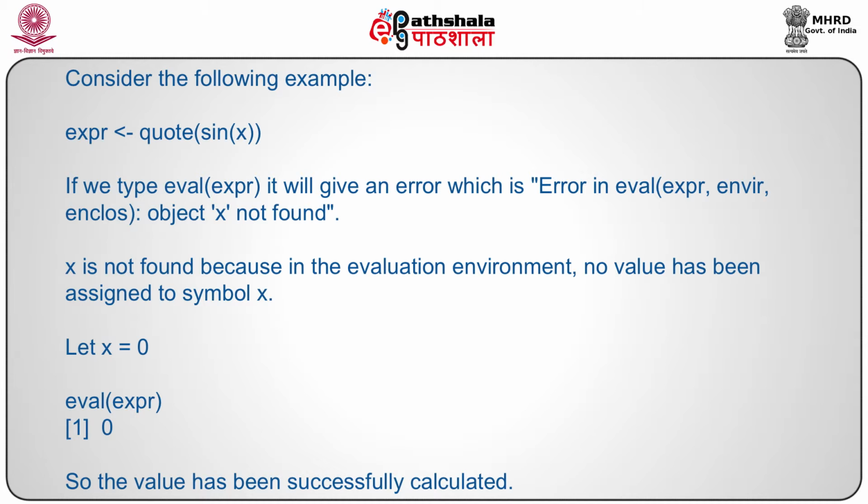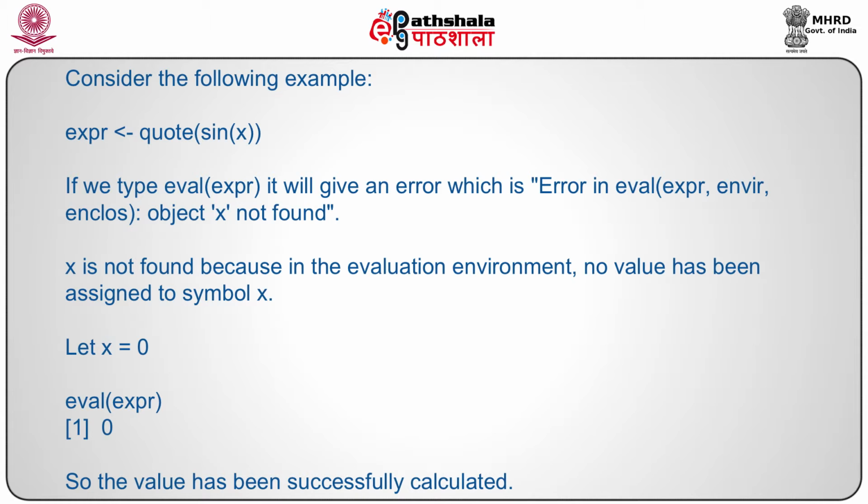Now, if we type eval within the first bracket expression, it will give us an error which reads: Error in eval(expr, envir, enclos): object 'x' not found. Now, let us analyze the error a bit critically. Here, x is not found because in the evaluation environment, there is no value assigned to the symbol x.